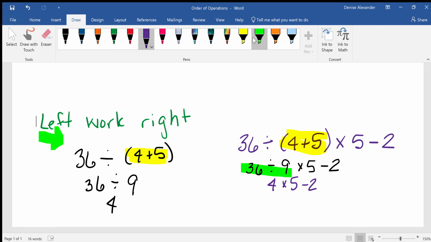So now I'm going to look at the next step. The next step is multiplication because I'm still not done. So then I do 20 minus 2. And my answer equals 18.